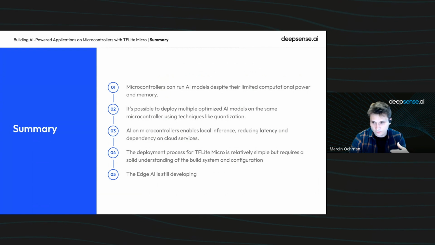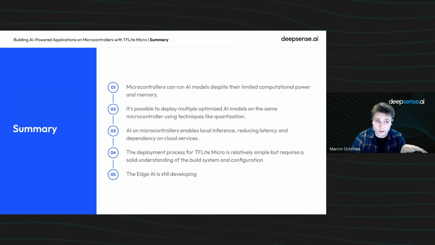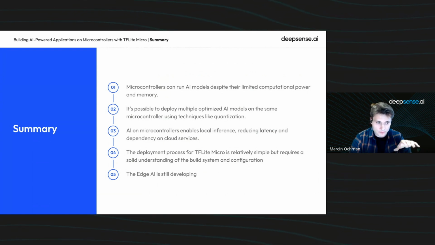A major advantage of AI on microcontrollers is that it enables local inference, and by processing data directly on the device, we can reduce latency and eliminate dependencies on cloud services. And while the deployment process for TensorFlow Lite Micro is relatively straightforward, it does require a solid understanding of the build system, configuration, and the hardware itself.